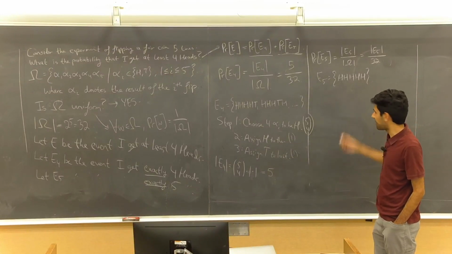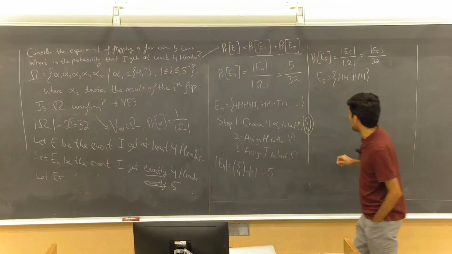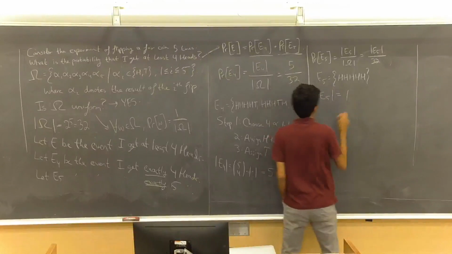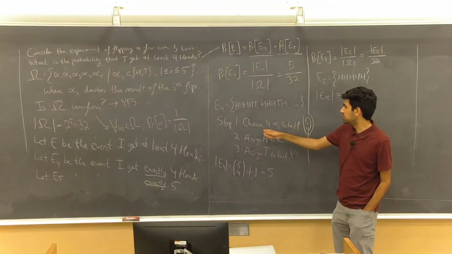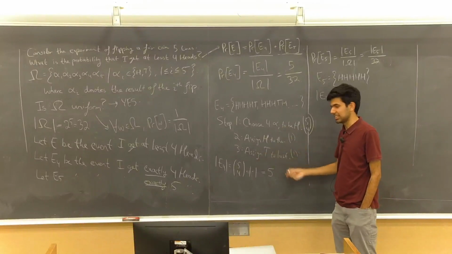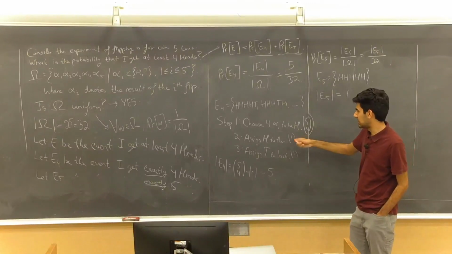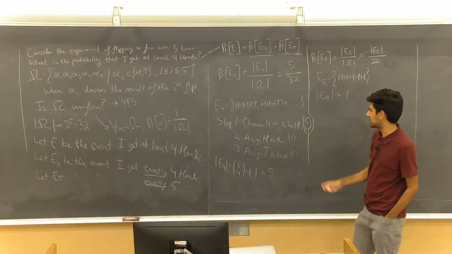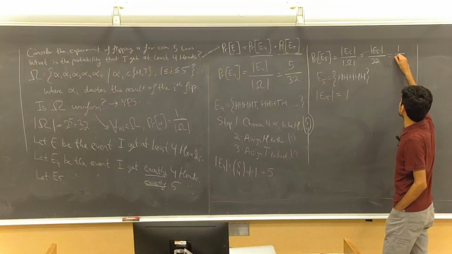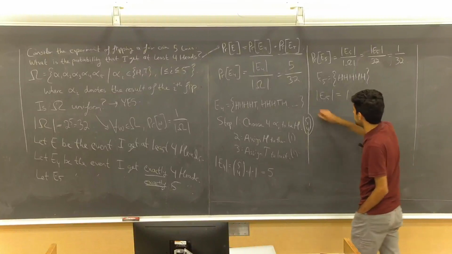The event that we get 5 heads, this is the only such outcome of that form. So we can just say that the cardinality of E5 is 1 and save a bit of time. I mean, you could construct a counting procedure, choose 5 alpha i's to be heads, assign H to them, assign T to the rest, but there is no rest. You would get 5 choose 5 times 1 times 1, which is equal to 1. So the probability of E5 is 1 over 32. And so finally we can compute the probability of E.